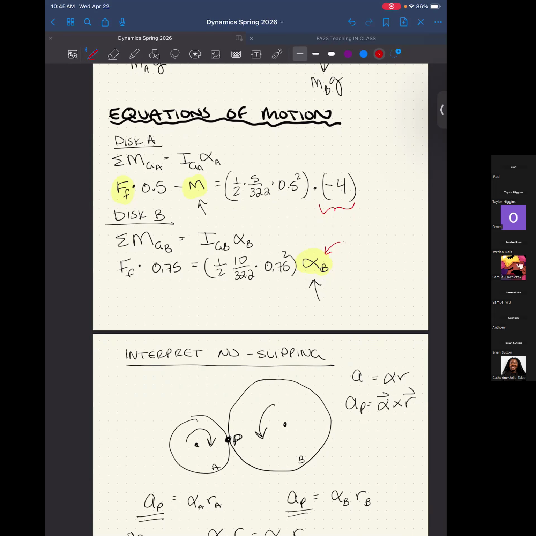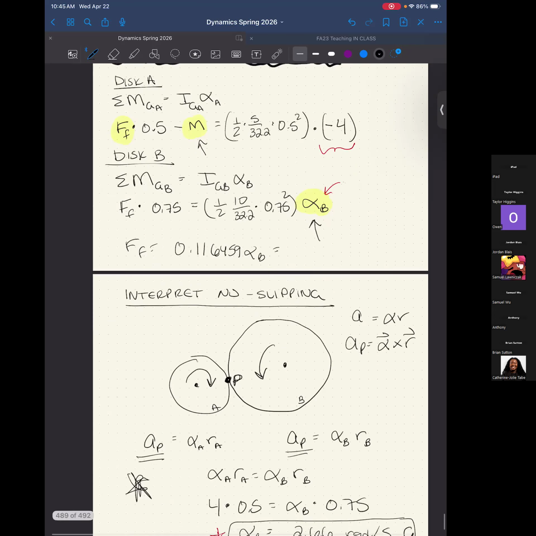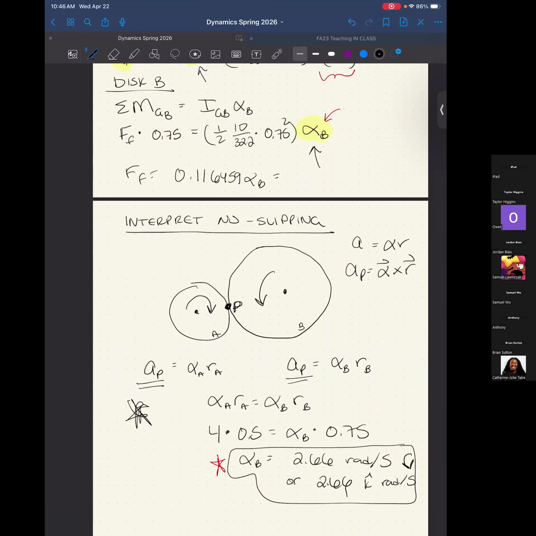I can go ahead and run through it. 0.5 times 10 divided by 32.2 times 0.75 squared, divided by 0.75. 0.11645 alpha B, which should equal times 2.66.